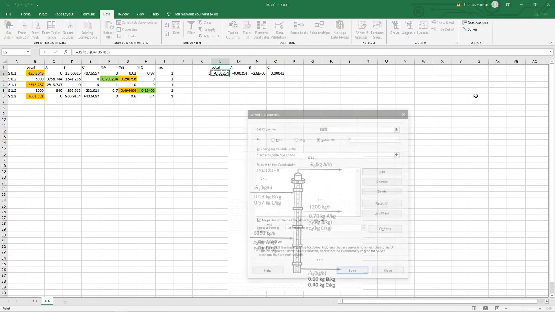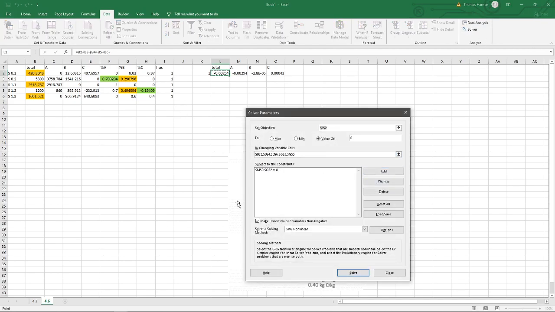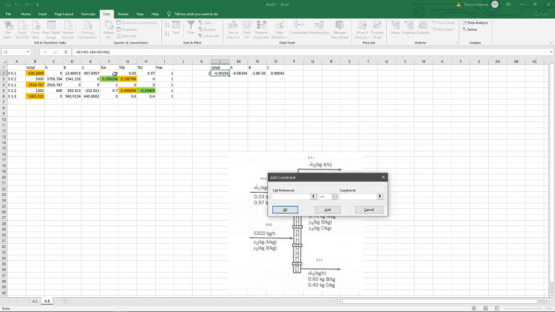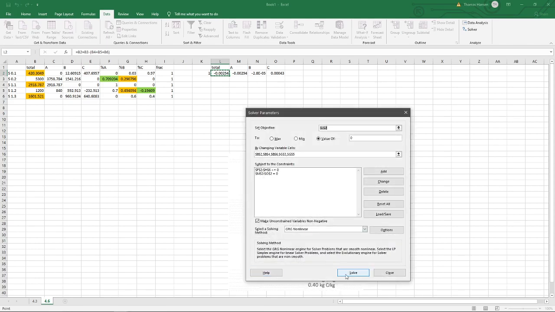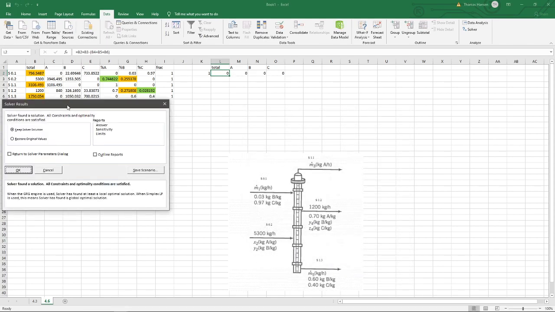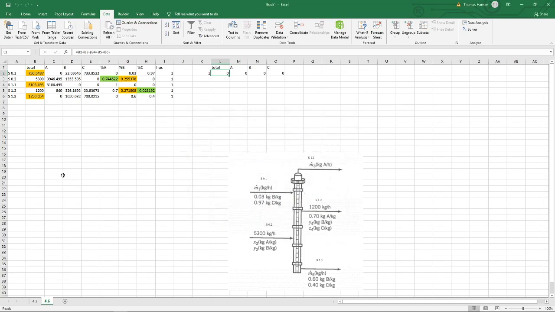We could just go in our solver, and we could say that all of these have to be greater than or equal to 0. Check that it's greater. It is now. And we can try and solve again. Excel has found another solution for us.